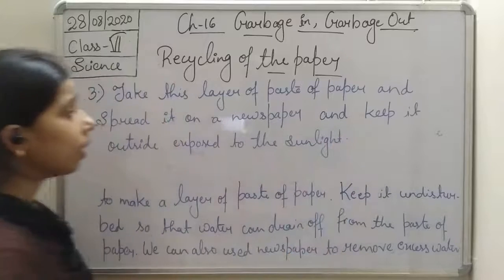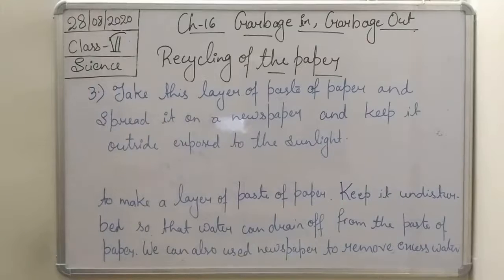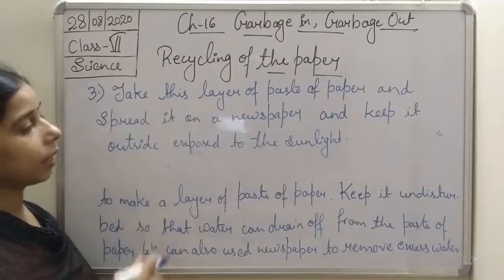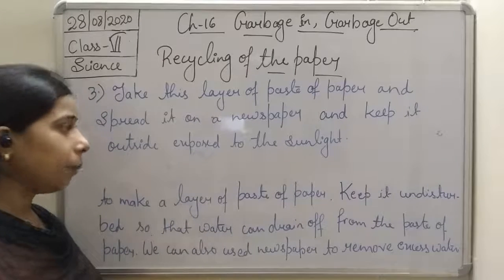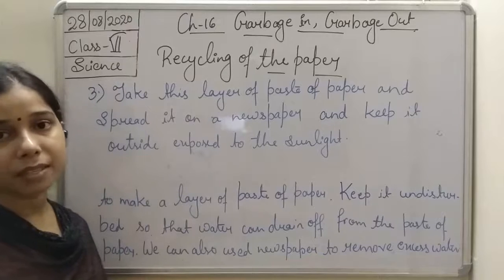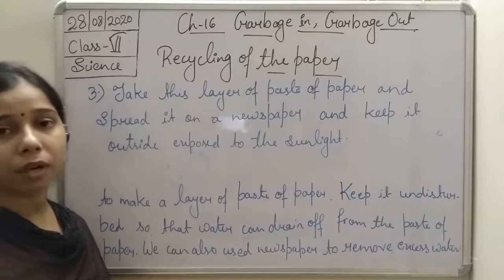Okay, so outside we will take this thick layer of paste of paper and spread it on the newspaper. Keep it outside so that it will get a sufficient amount of sunlight. If it is exposed to the sunlight, students, what will happen?